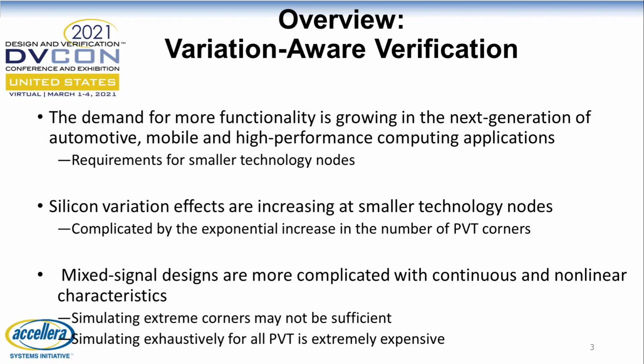Process variation is a well-known phenomenon that, due to the smaller physical dimensions, becomes more severe at advanced nodes. Due to the increase in the number of processing phases at these advanced nodes, the number of parameter variation and PVT corners grows exponentially.